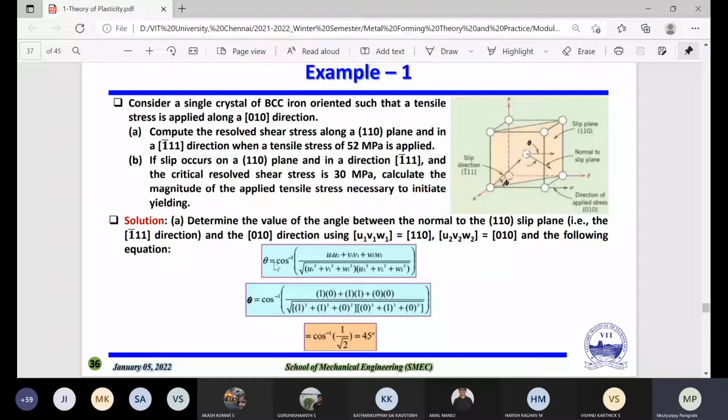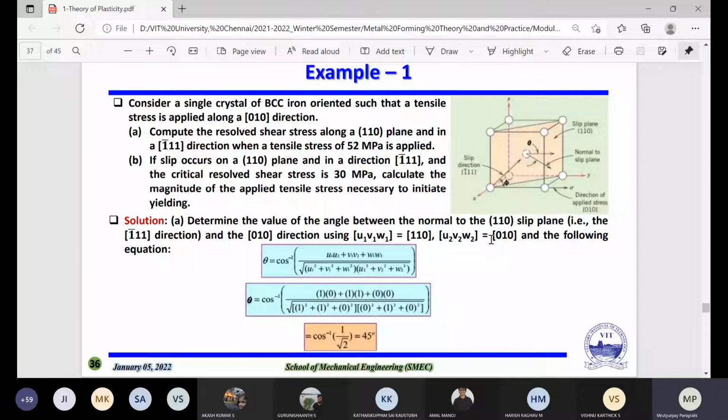Cos theta equals U1 U2 plus V1 V2 plus W1 W2 divided by root over U1 square plus V1 square plus W1 square into U2 square plus V2 square plus W2 square.